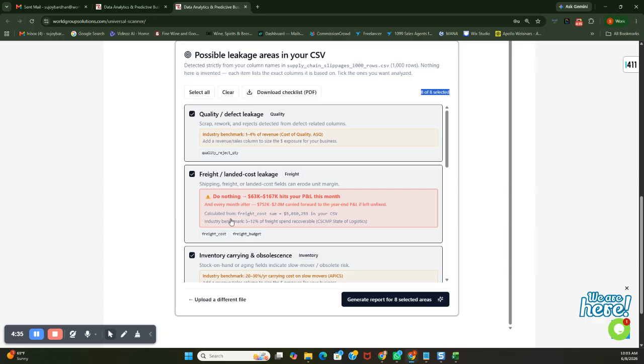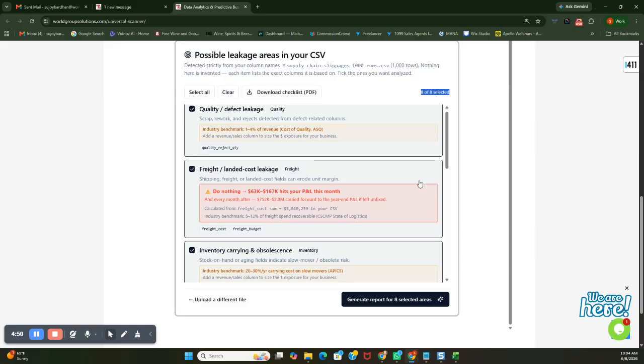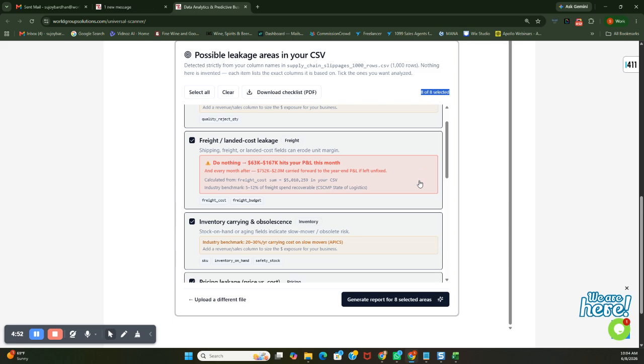The benchmark is around 5.12%, but in this case it is way above that. So you definitely have to look into freight handling. It's already red in color, so you cannot neglect cases like this, because you don't want to wait and let the loss travel all the way to the P&L. You have to react right now.